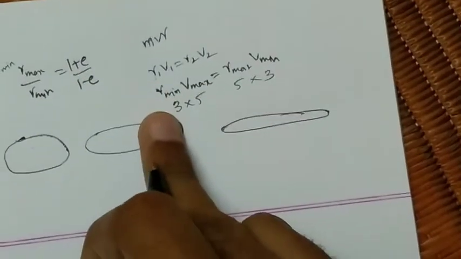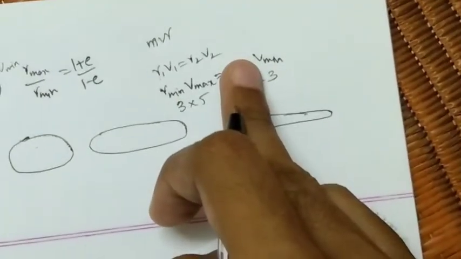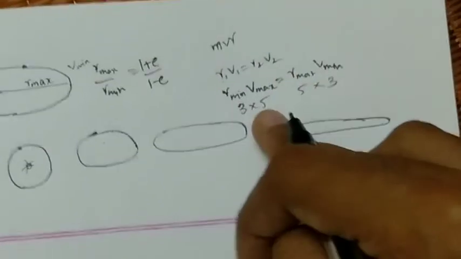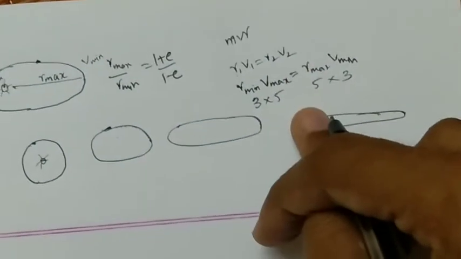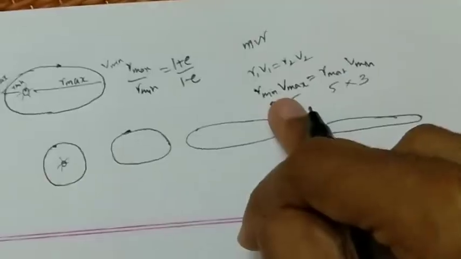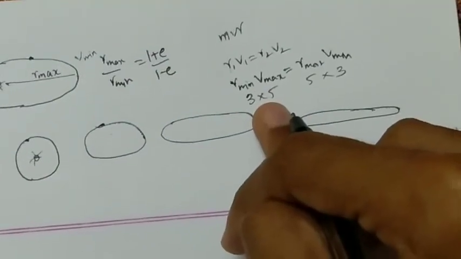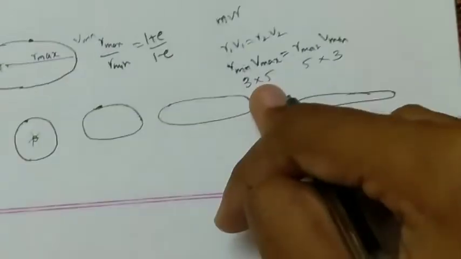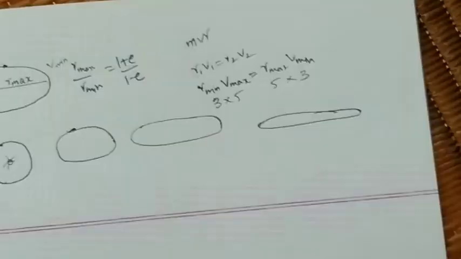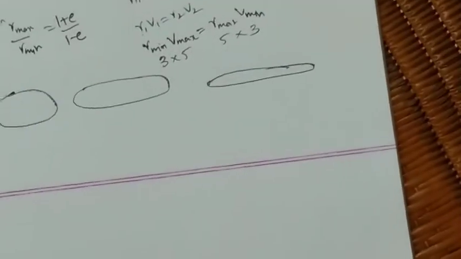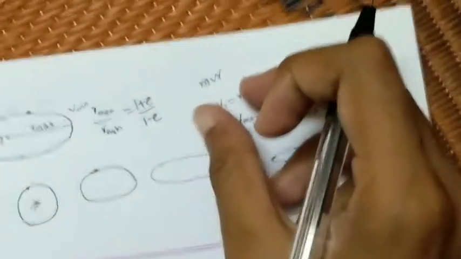Say R min is 3 kilometers and R max is 5 kilometers, and V max is 5 kilometers per hour and V min is 3 kilometers per hour. What we want is that the product should be equal to a constant.